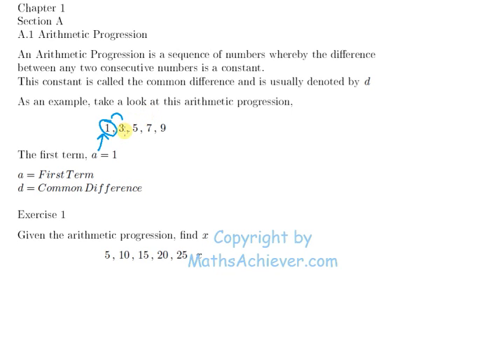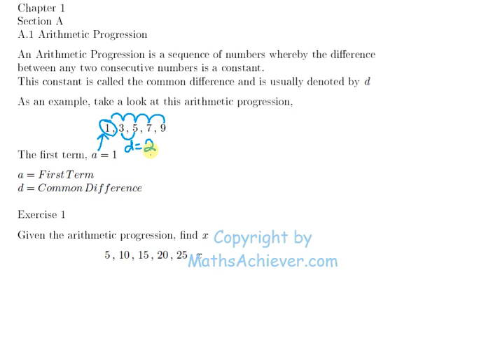When we take 3, take away 1, you get 2. Again 5 and 3, the difference is a 2. The difference is a 2 here, and the difference is a 2 here. So the difference between any two consecutive numbers, D, which is the common difference, is 2. So we can say that it meets the criteria for an arithmetic progression.